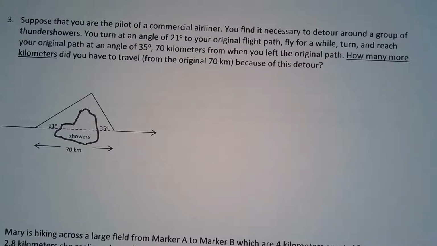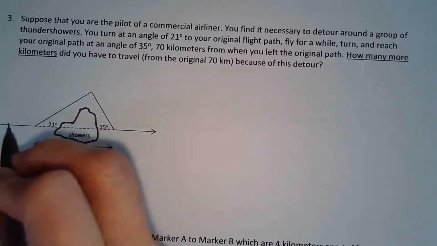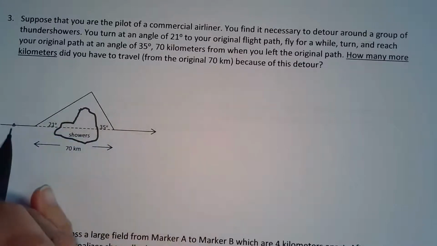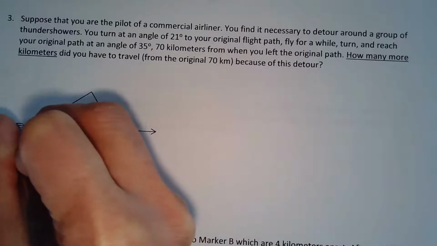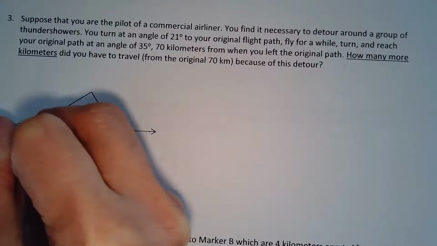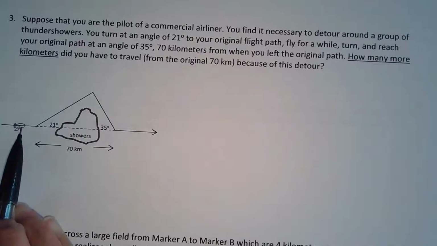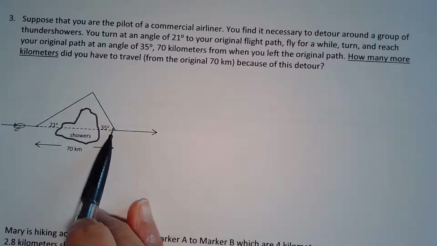So if we were to go that way, this is the plane going, right? That's a plane. It's supposed to go from here to there at the 70 kilometer stretch.